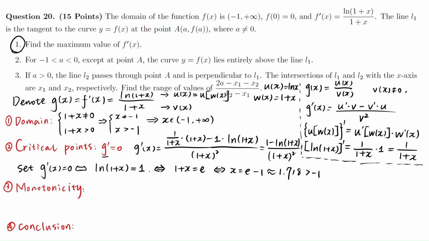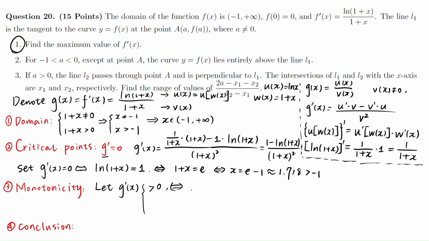So step number 3, we can determine the monotonicity of g of x. If we want g of x to be increasing, we have to let g prime of x be what? Yes, larger than 0. Okay? And because the natural log of 1 plus x has a minus sign, this inequality is equivalent to what?